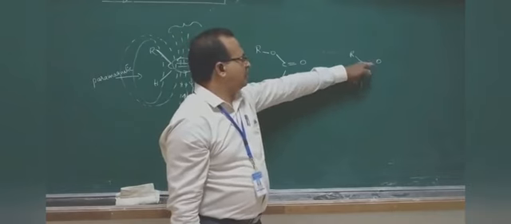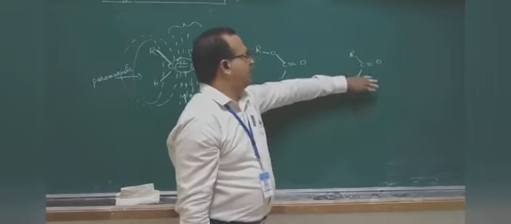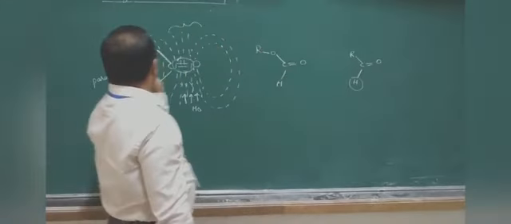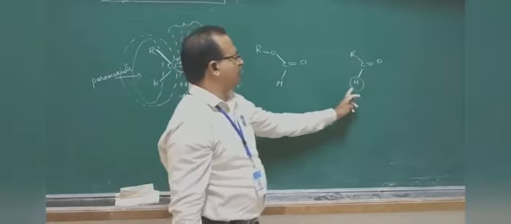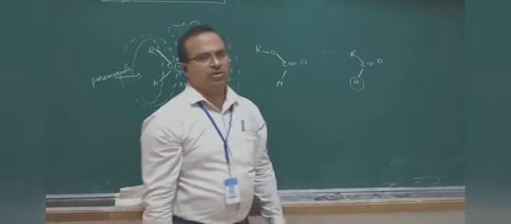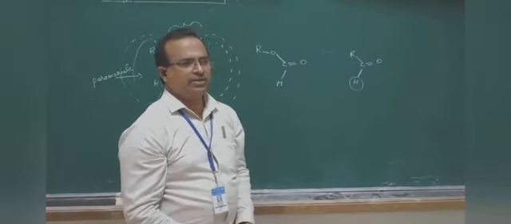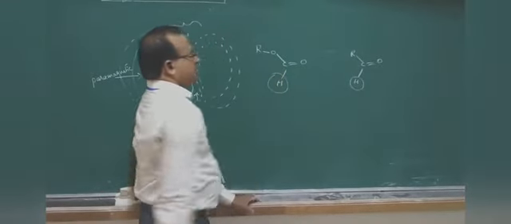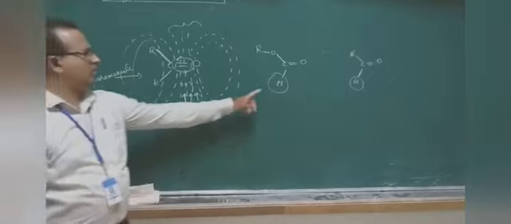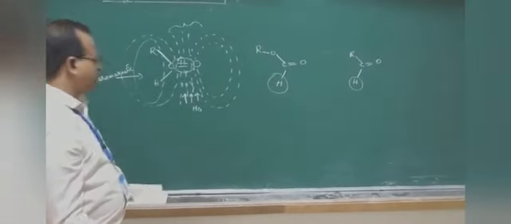The proton is attached to an electron withdrawing group, and another effect is the paramagnetic de-shielding effect, magnetic anisotropy. That is why aldehyde protons will show higher chemical shift values, and formyl esters also, here this proton also shows higher chemical shift values.